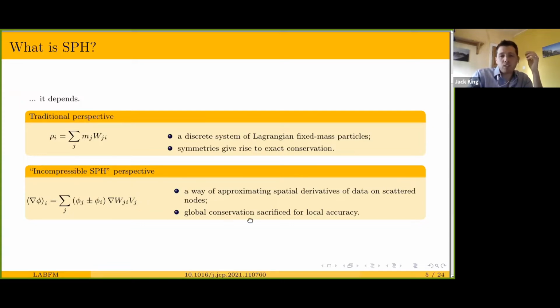And we sacrifice global conservation for local accuracy. So in an incompressible SPH perspective, this equation, some sort of SPH gradient or derivative operator, is sort of the central element of the method. And so really from this perspective, SPH is just a way of approximating spatial derivatives of some data on scattered nodes or particles.